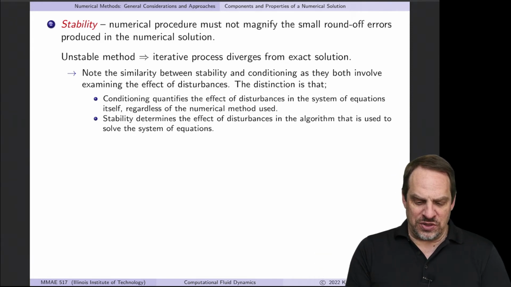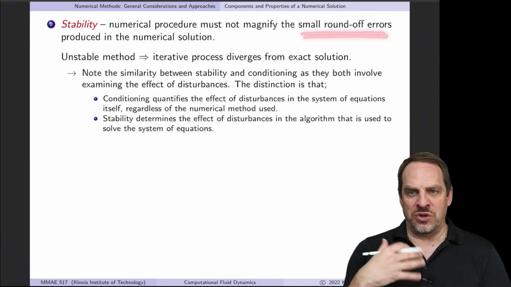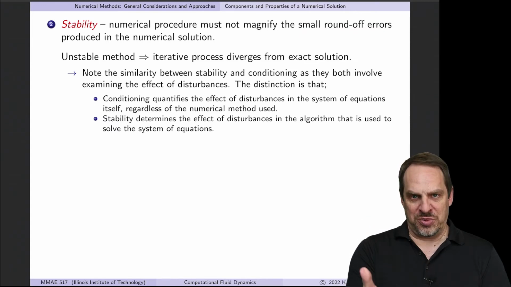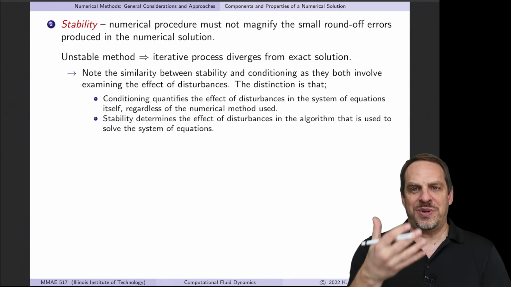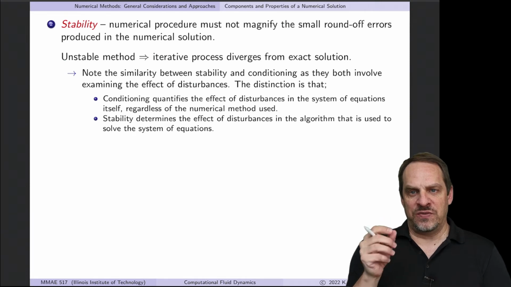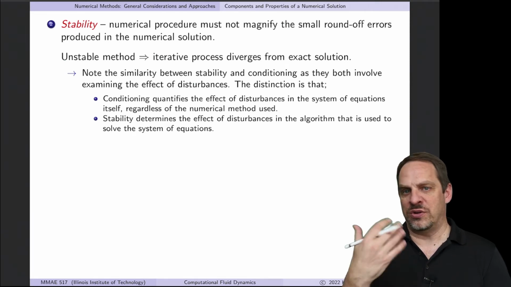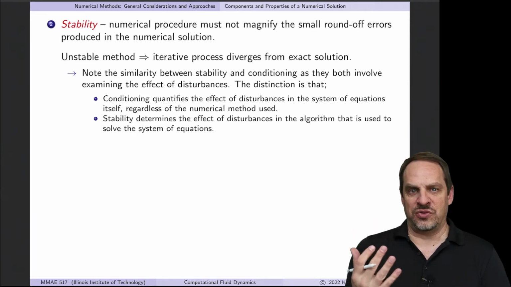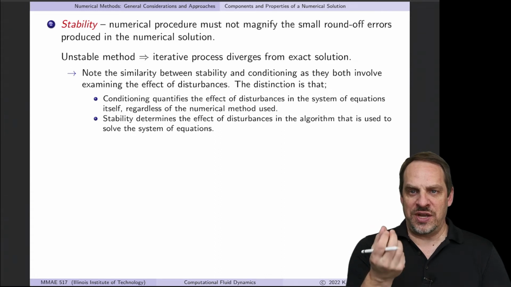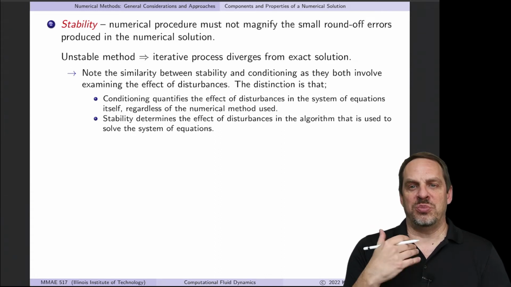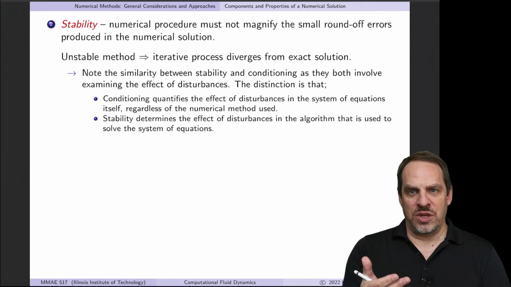So the question is, those small round-off errors that we know exist in our numerical approximate solution, what does my algorithm do with them? If they stay small, if they stay order delta x or delta x squared or whatever the truncation error is, if they stay of that same order, then the numerical algorithm is stable.